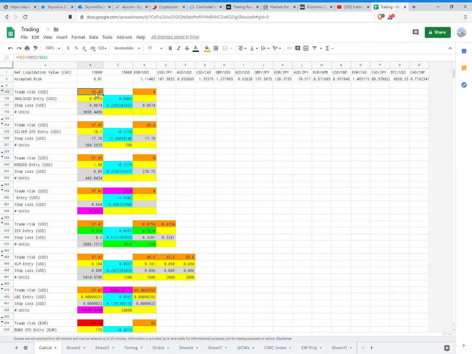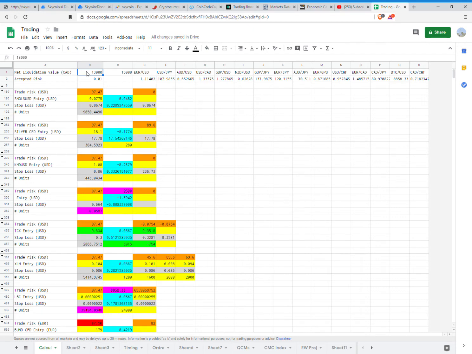It's to calculate in terms of US dollar what 1% of my capital is. So the calculation is done on the remaining capital. Let's say I started my capital with 15K and today I have 13K because over the past months I lost 2K.